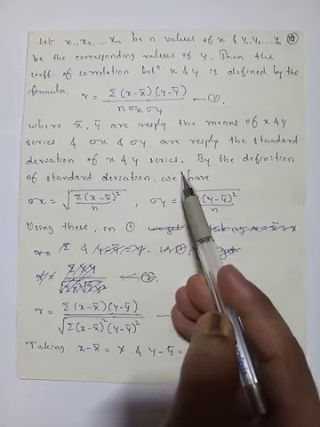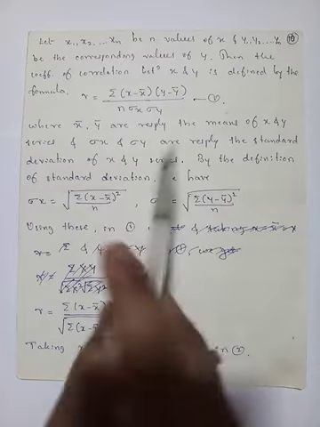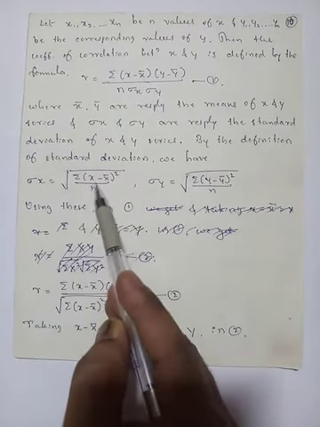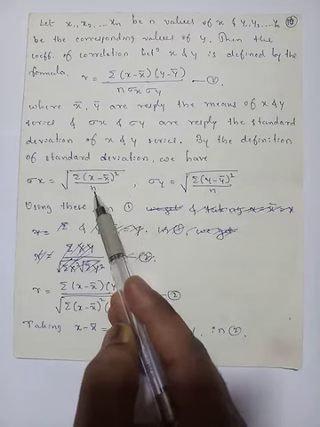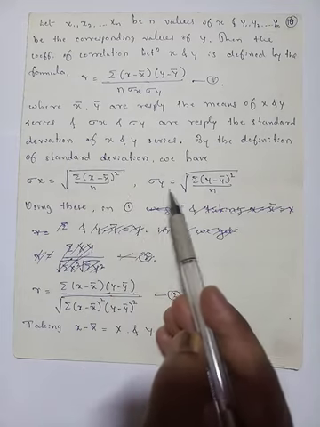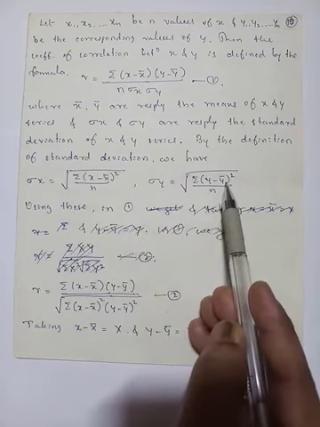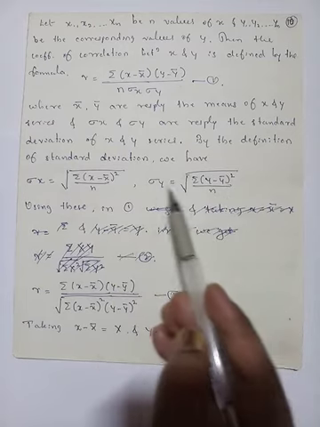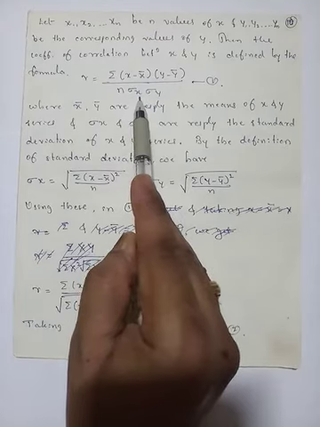By the definition of the standard deviation, sigma x equals the square root of summation (x minus x bar) squared divided by n, and sigma y equals the square root of summation (y minus y bar) squared divided by n. Now these values we are going to substitute here.